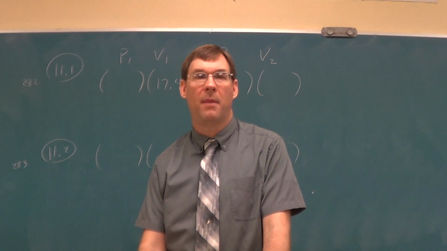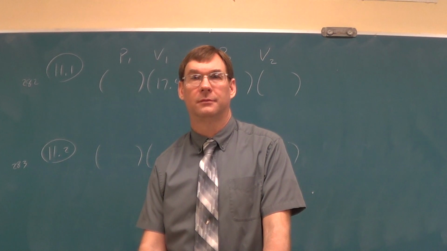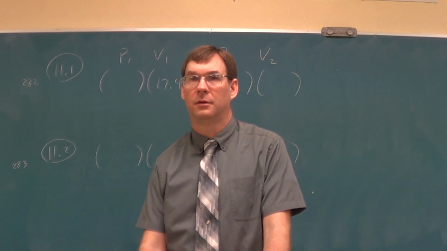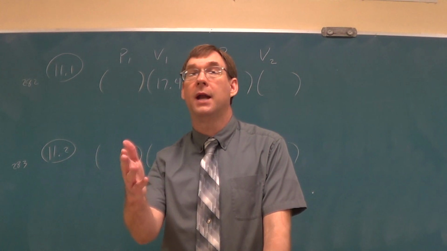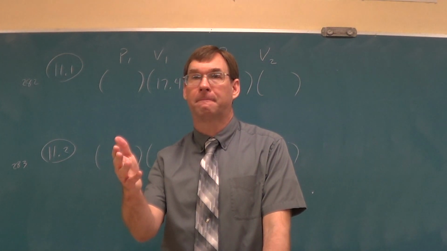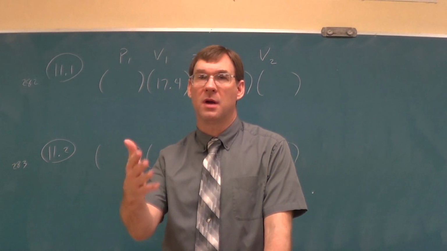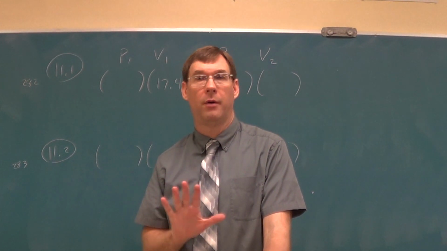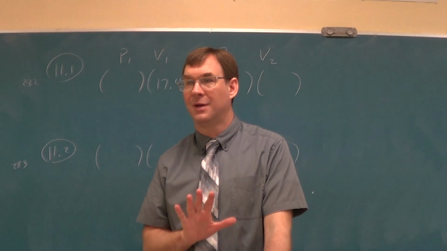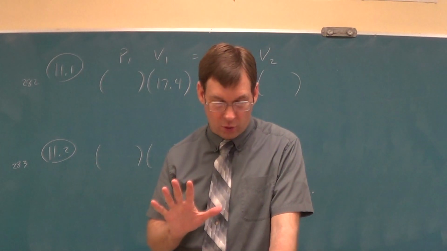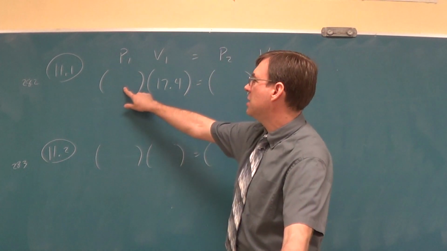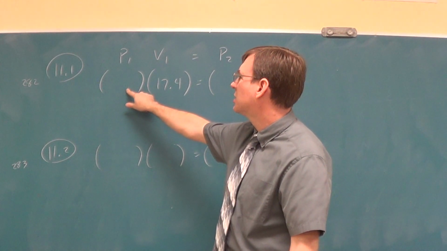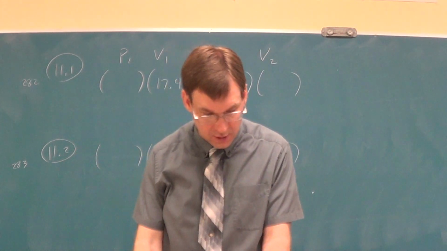What's one number that might work there? 22.4? No, standard pressure. 29.9 inches mercury. Maybe we should use that one, but maybe not. Why are we on hold? We don't know what they want yet. Here we're going to use any of our 8 numbers, but we can't commit until we know which system they're using for this question.